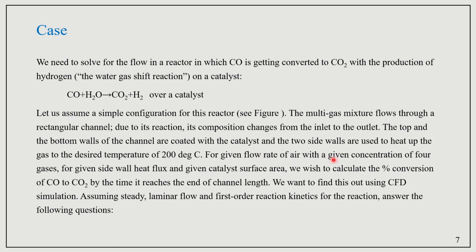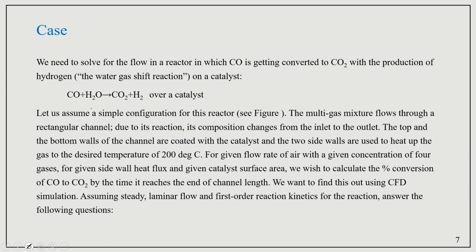For the given flow rate of air with the given concentration of four gases, for given side wall heat flux and given catalyst surface area, we wish to calculate the percentage conversion of carbon monoxide to carbon dioxide by the time it reaches the end of the channel length. We want to find this out using CFD simulation. Assuming steady laminar flow and first order reaction kinetics for the reaction, answer the following questions.